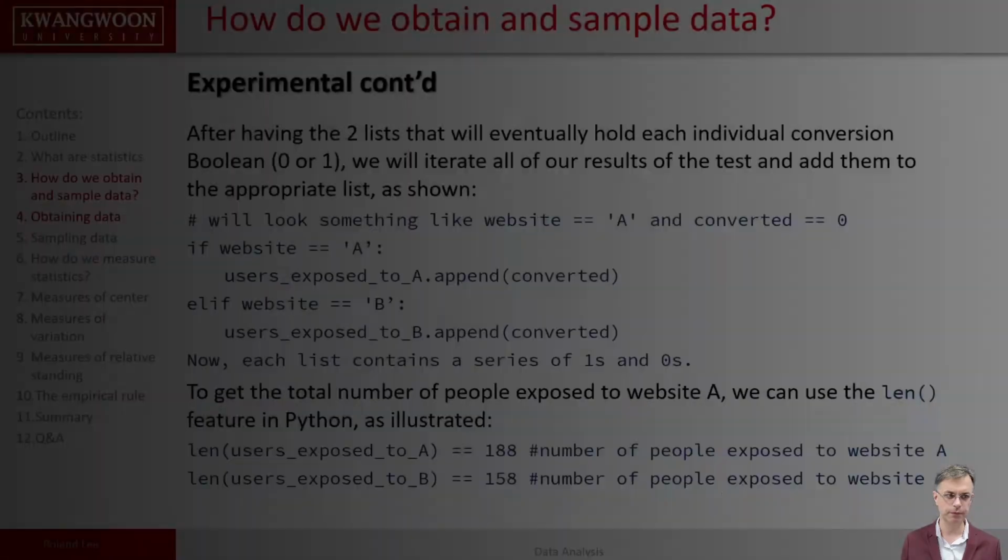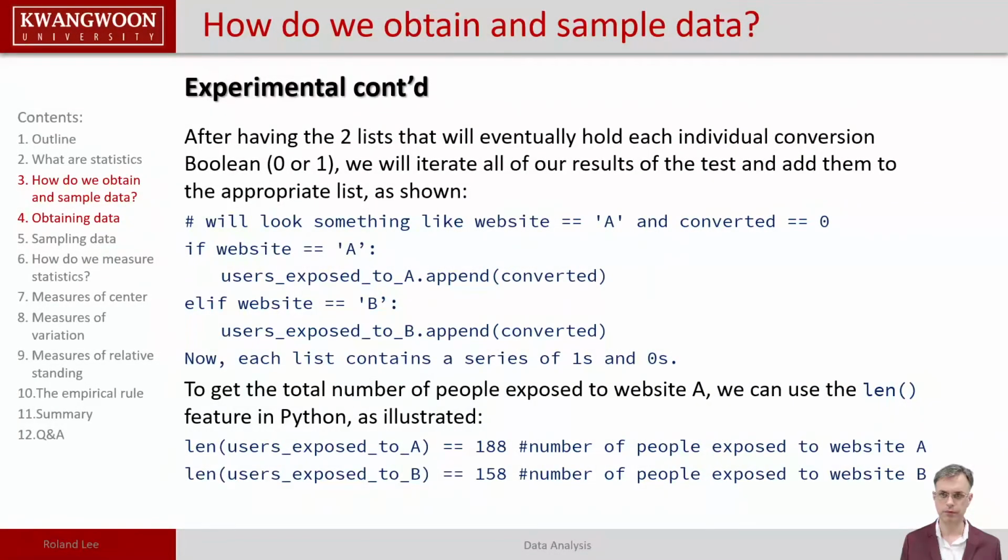There you go. Now each list contains a series of zeros and ones.